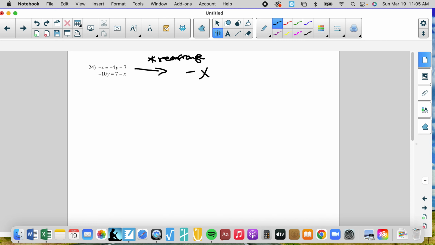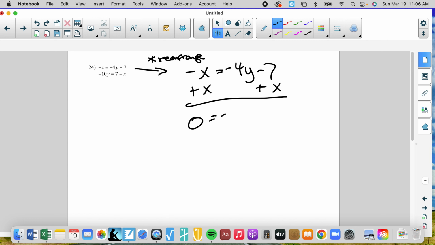So I have negative x equals negative 4y minus 7. So I'm going to have to move two things. I have to move this y over there and the x over here. My constant's in the right place. And I'm going to make sure that they're in the same order. I have x, oh no, sorry. I have y, constant, x. So I'm going to add x to both sides. That gives me 0 equals negative 4y minus 7 plus x.